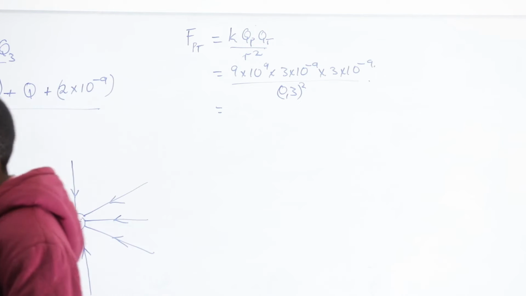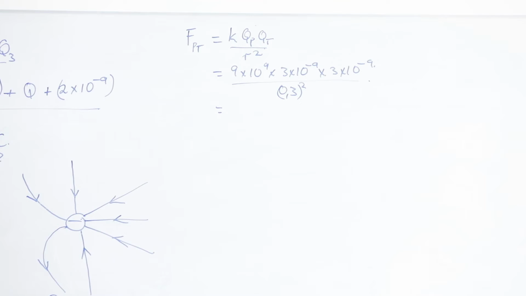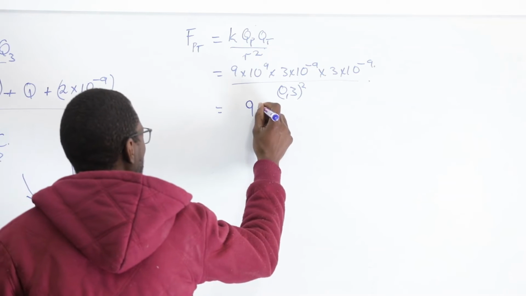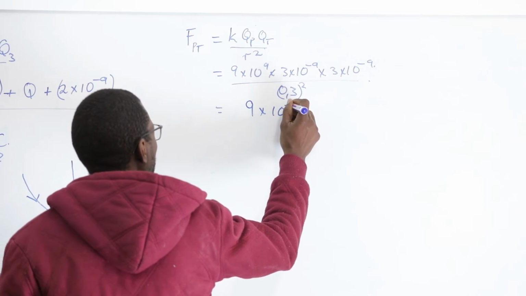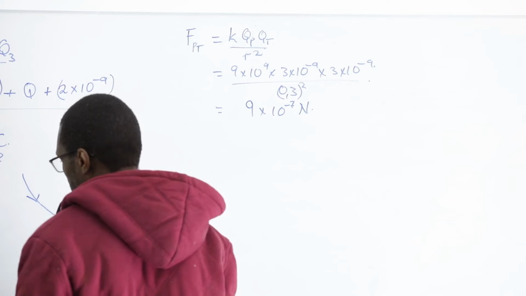Once again, another practice for your calculation work: 9 times 10 to the power negative 7 newtons.